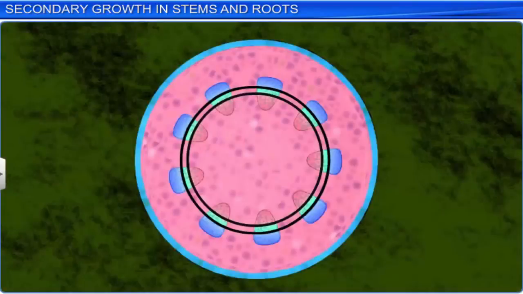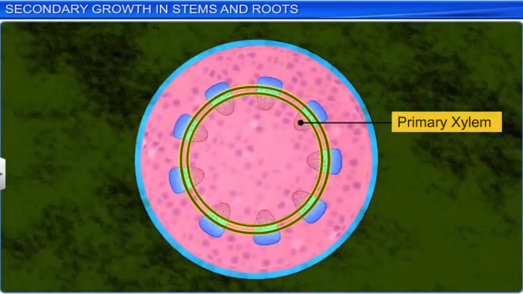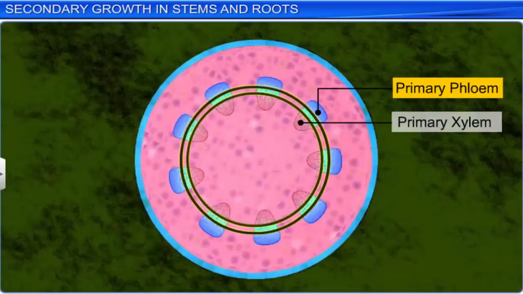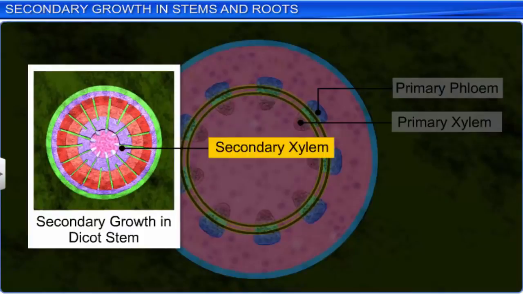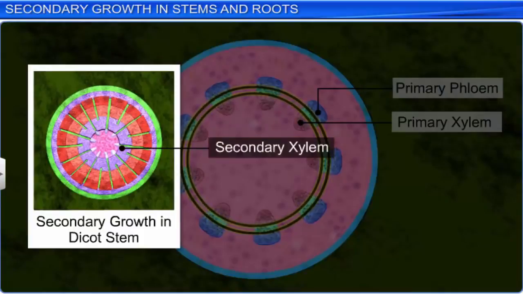At this stage, the cambial ring has primary xylem on its inner surface and primary phloem on its outer surface. Cell division takes place on both sides of the cambial ring and results in the formation of secondary xylem on the inner surface and secondary phloem on the outer surface.